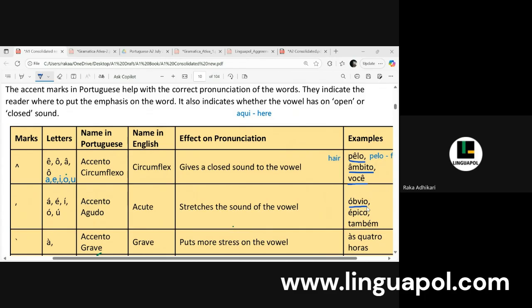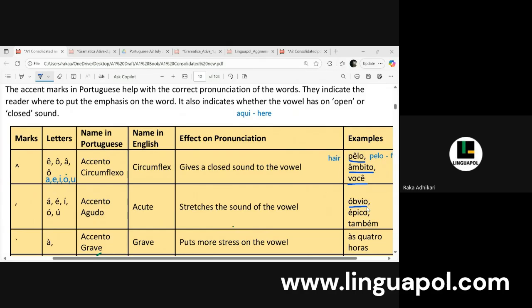Our mouth is open and we are also saying it for a longer time. Épico. Let's look at the meanings also. Óbvio means obvious. For example, it is obvious that you have to do your homework. É óbvio que você tem que fazer o trabalho de casa. So we are extending the sound of the O because we have an accent there.